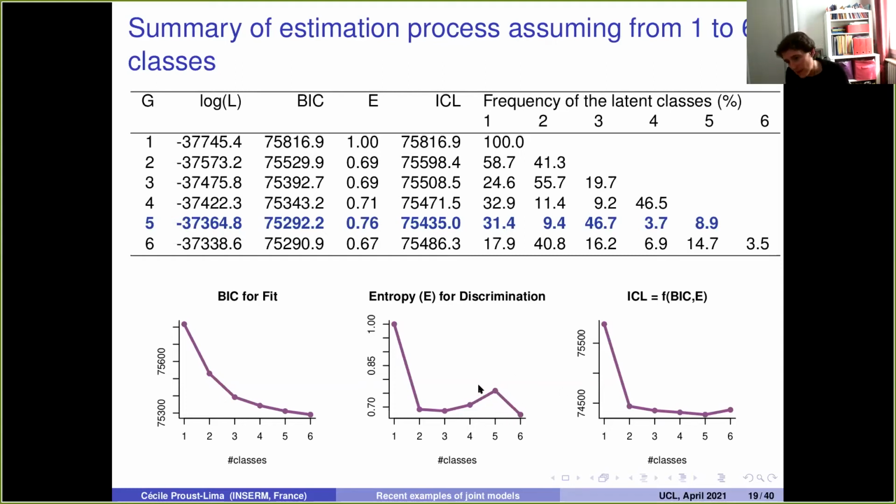And so that made us choose the 5 class model, even though the 6 class model gave a better fit. We did that according to BIC and entropy in a composite criterion, which is called ICL, the lower the better.